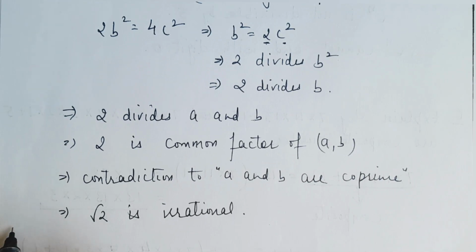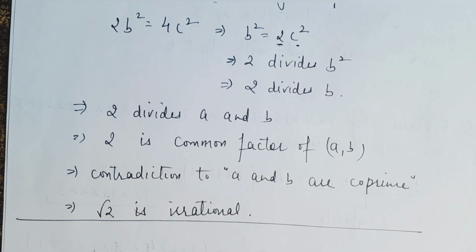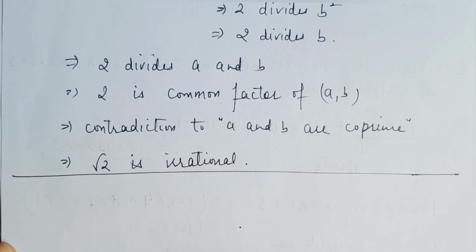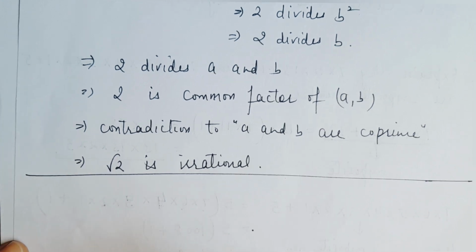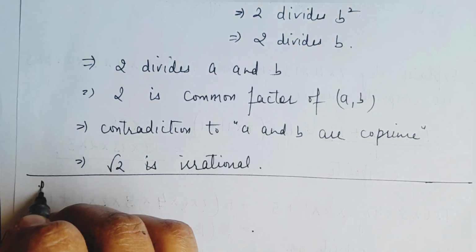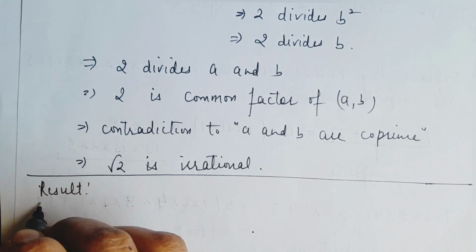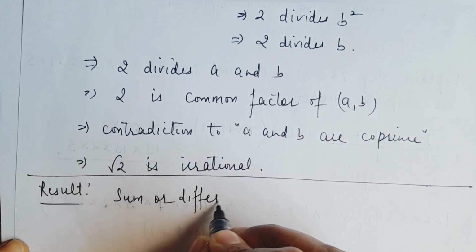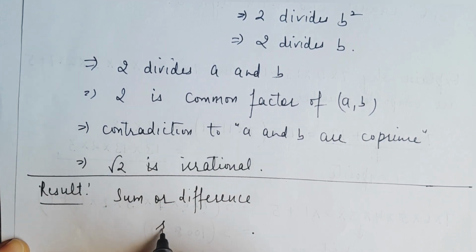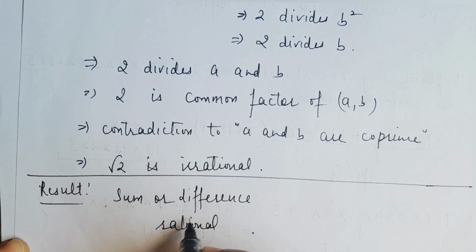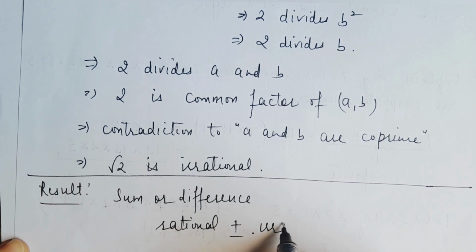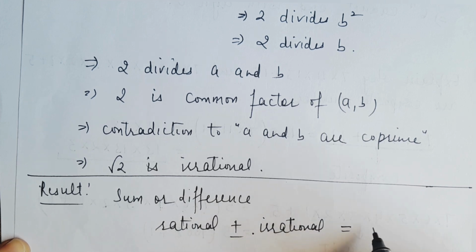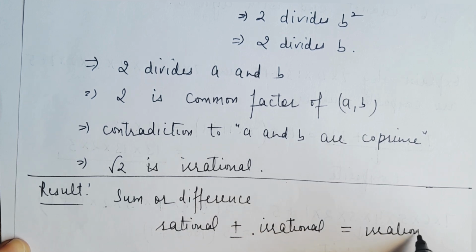Like, the sum or difference of a rational number plus or minus an irrational number. If one number is rational and another is irrational, then the result will always be an irrational number.